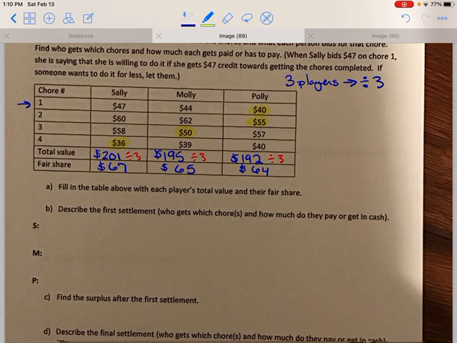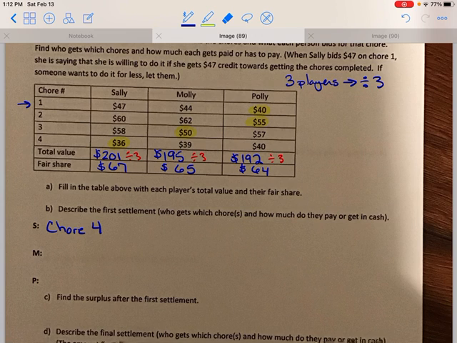All right, now we're ready to figure out who's doing what. So Sally is going to do chore 4. And the money is the other place that's different. This is going to be reversed. We've been doing fair share minus item. Oops, let me erase that.